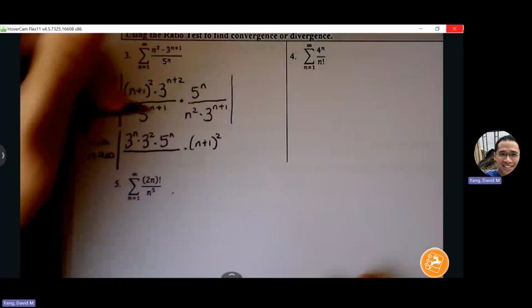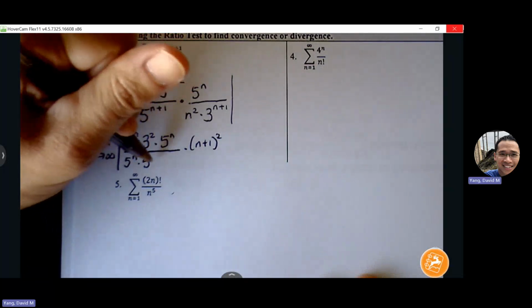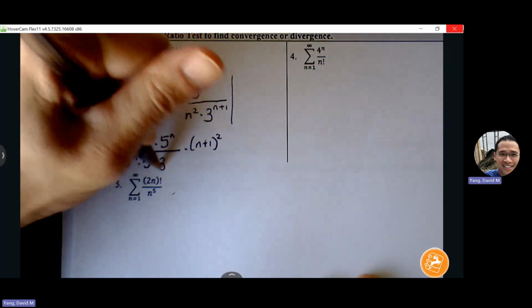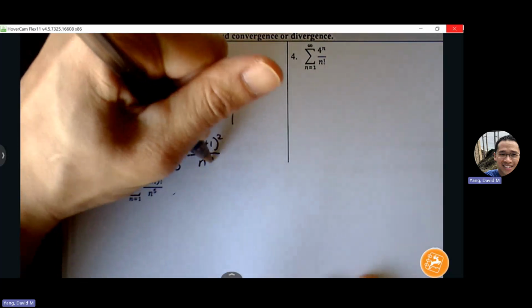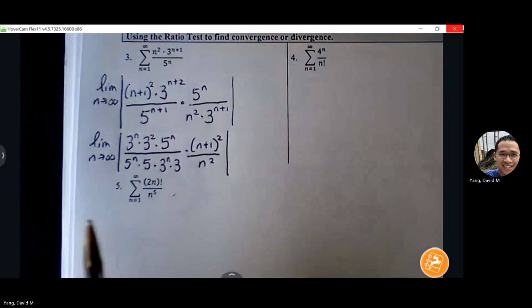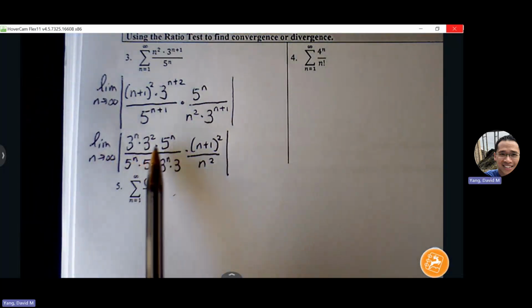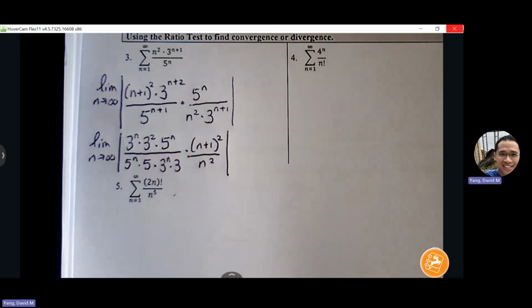Now, denominator, I have 5 to the n times 5 to the first power times 3 to the n times 3 to the first power. I'm going to group the n plus 1 and n squared together. Make sure I have everything here. I'm just rearranging things to allow me to group things together. Are we okay so far?